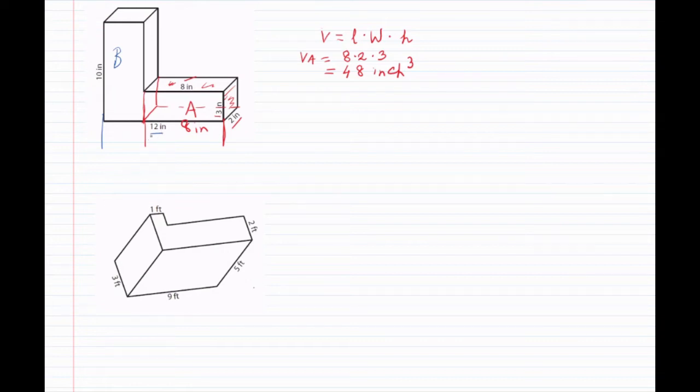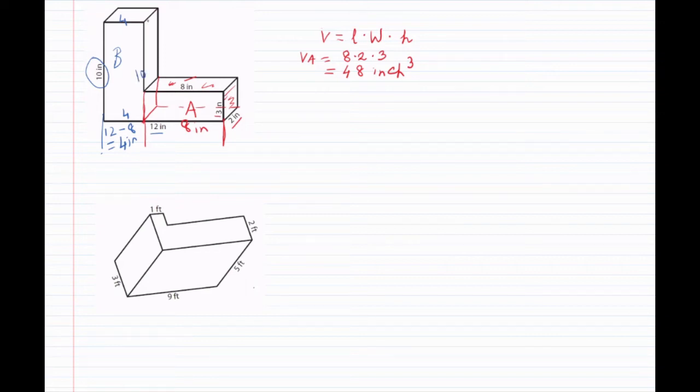This much is 8. So this part is going to be 12 minus 8 equals 4 inch. So this is 4. This is also 4. This is 10. So this is also going to be 10.